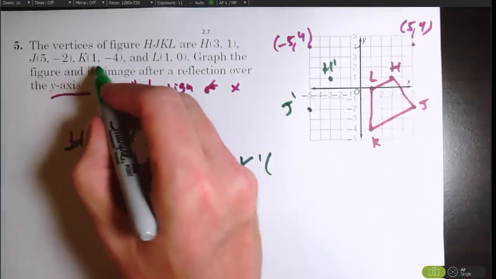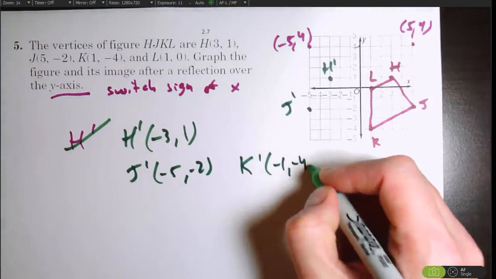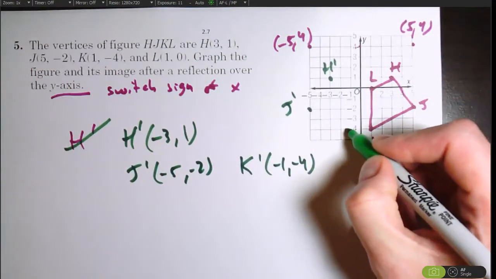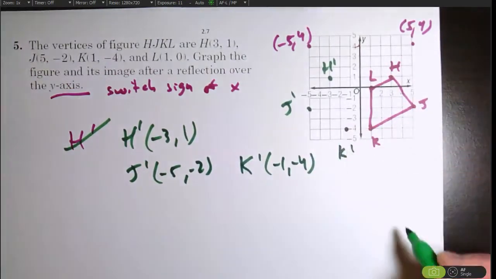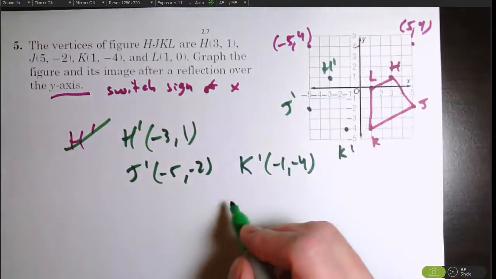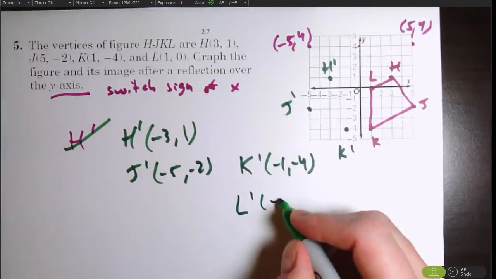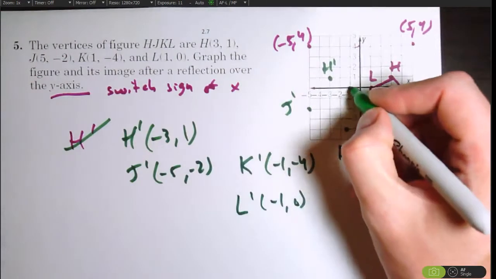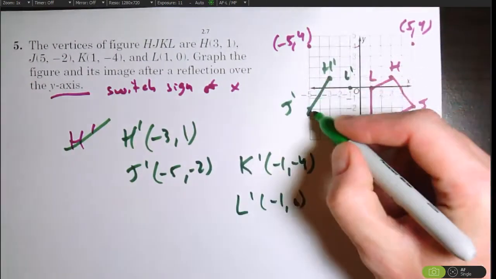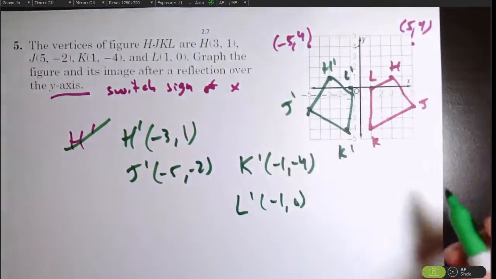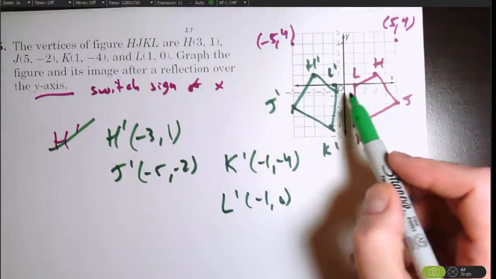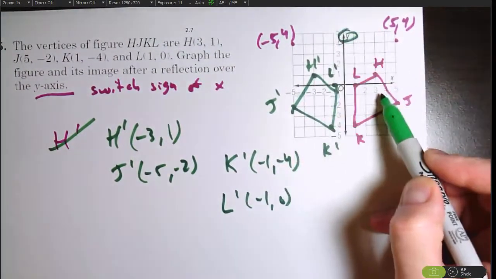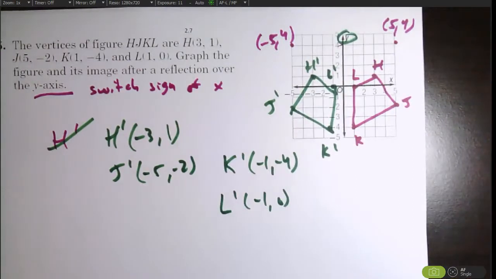K was at 1, -4, so it'll be at -1, -4. And then L was at 1, 0. Now it'll be -1, 0. And now hopefully you can see that they're the same distance from the y-axis, just this one's on one side, this one's on the other side.